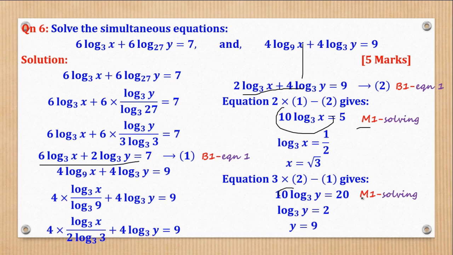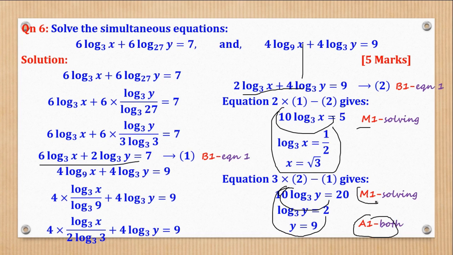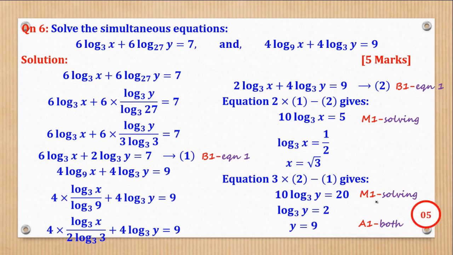Another M1 was for solving this to get y. Then A1 was for both correct. So if, for example, you solve this correctly and get a correct value of x, but here you fail to solve it, it means this A1 cannot be got, and this M1 can also not be got. So that is how the 5 marks came about.